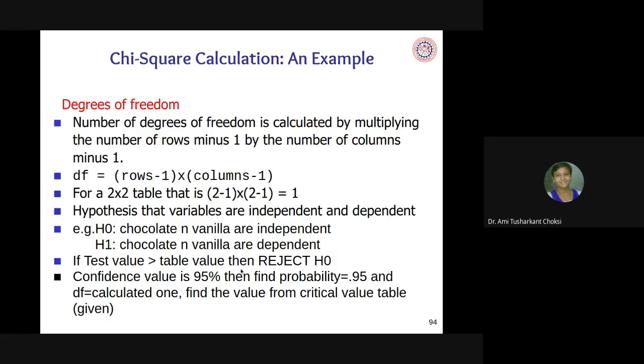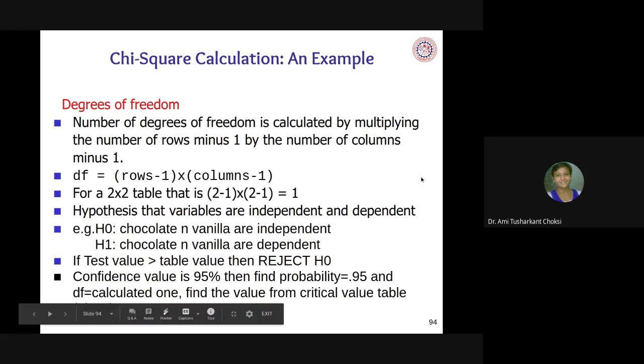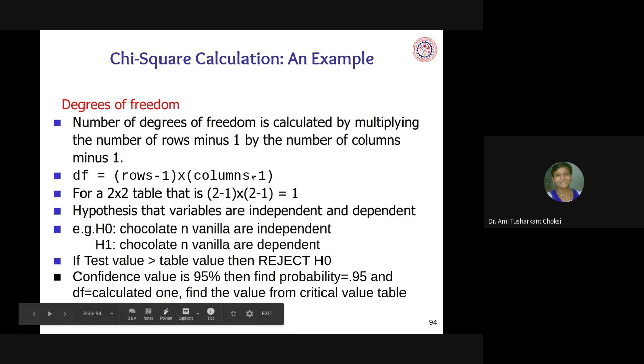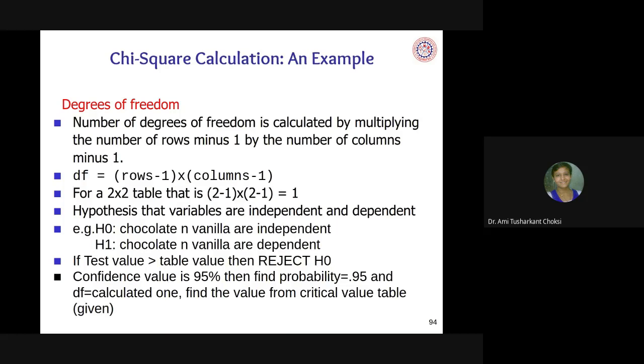Okay. If the confidence value is 95 percent, then the probability is equal to 0.95, and df is the calculated one. How did we find the df? That is the degree of freedom, rows minus 1 into columns minus 1, right? Now we need to use this probability and this df to find the critical value from the table.